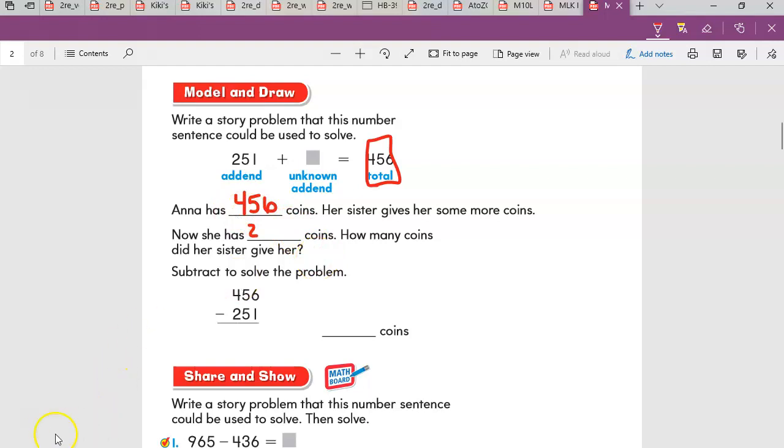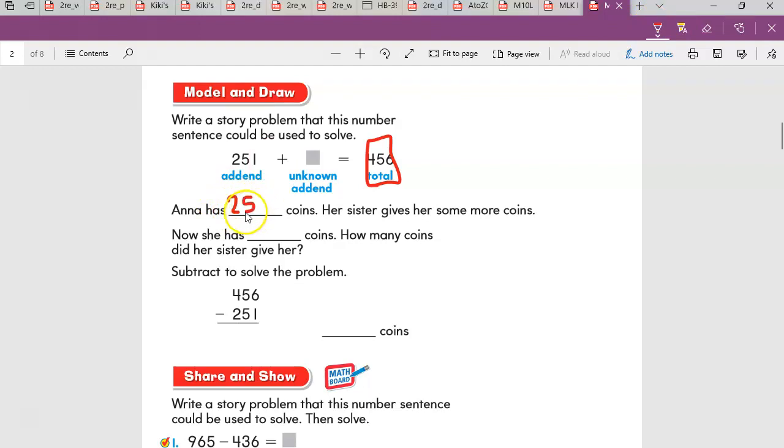Oh, I think I did that wrong. I'm sorry. I accidentally confused you on that. This one is not right. Let's try it again. Let's read it again. Anna has blank coins. Her sister gives her some more coins. What's the first number here? 251. So Anna has 251 coins.